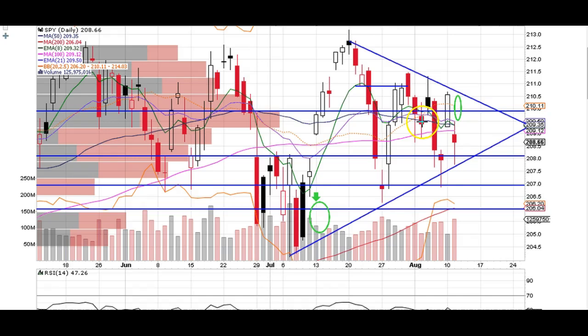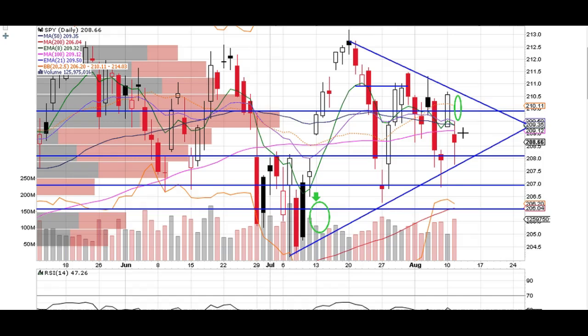Taking a look more at the S&P 500 chart, I just want to point out the moving averages again. We've got the 50-day moving average, which is about to cross the 100-day moving average, and then eventually that's going to cross below the 200-day moving average. Now, those aren't big signs, okay? These are just trend indicators.